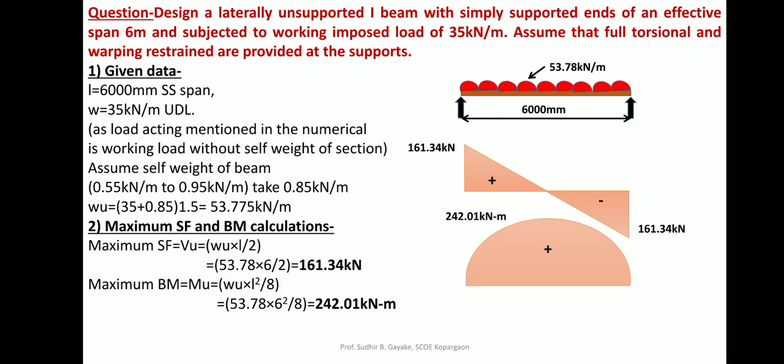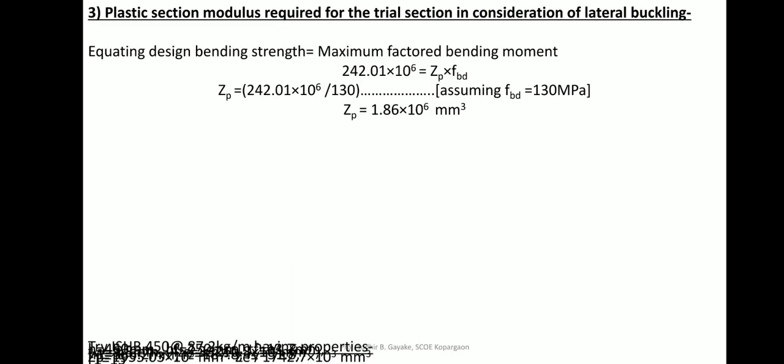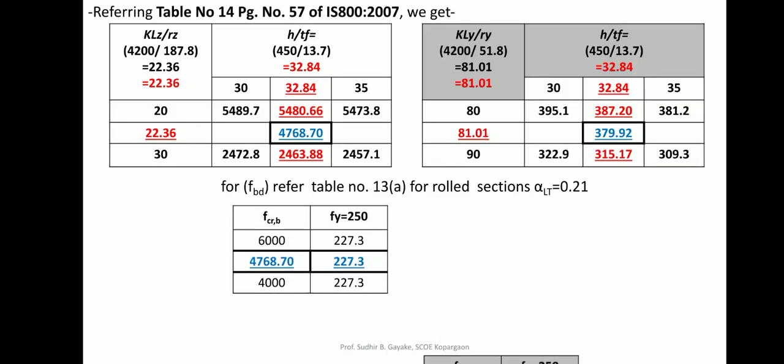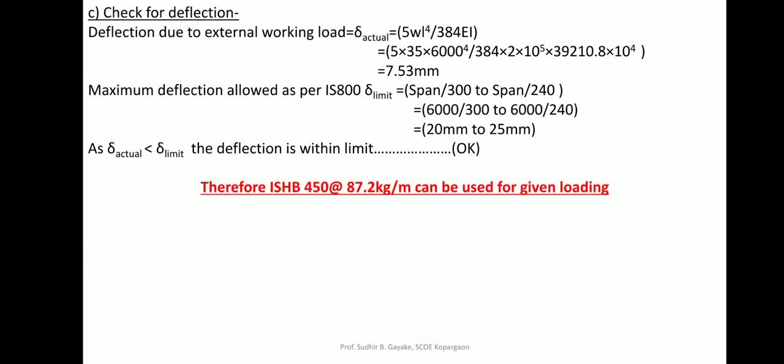In loading, your working load and span of the beam was given, and based on that you have calculated maximum bending moment and shear force, and for calculated values you have selected a section, and that selected section is now satisfying our conditions, that is for all the checks adopted, and we have defined that the given section selected, that is ISHB 450 87.2, is satisfying the given criteria. So here the numerical is completed.